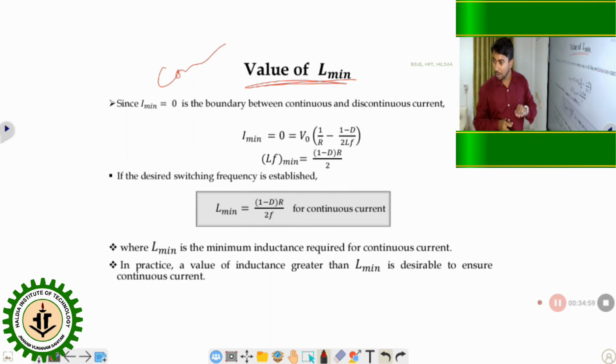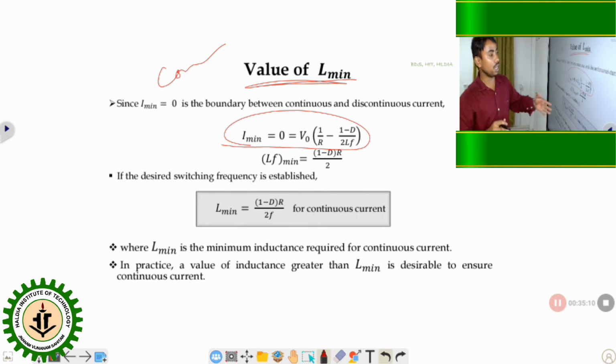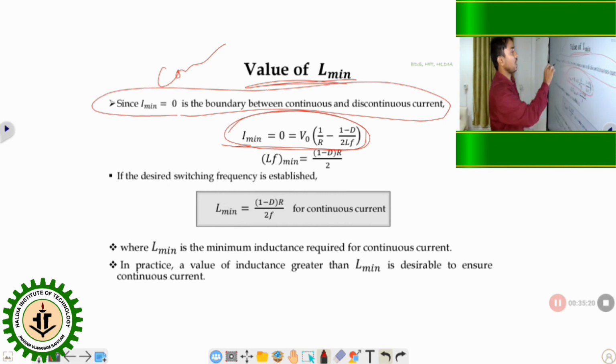Our boundary aim is that I minimum should be 0, not below 0. So if I put I minimum equal to 0, then we calculate the inductor value. What is the I minimum value? In the previous slide we saw I minimum, so just put that value equal to 0. From here we can calculate the inductor, so in this equation we can calculate the L minimum.